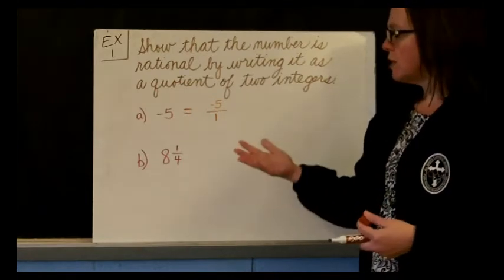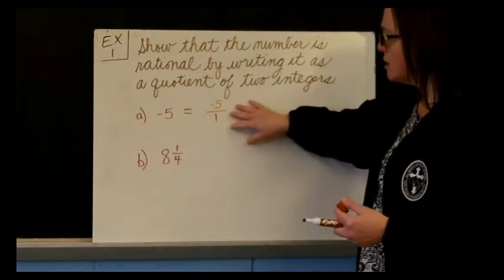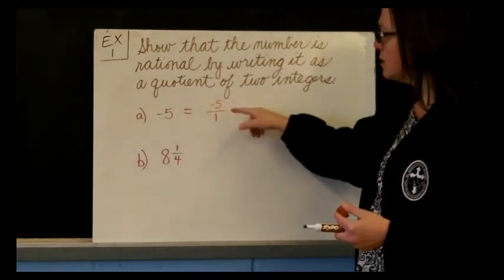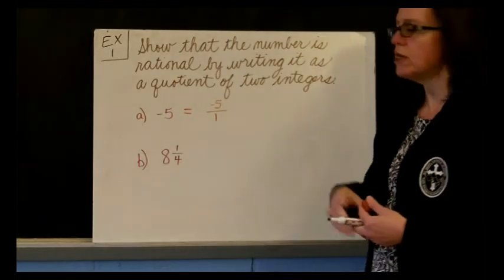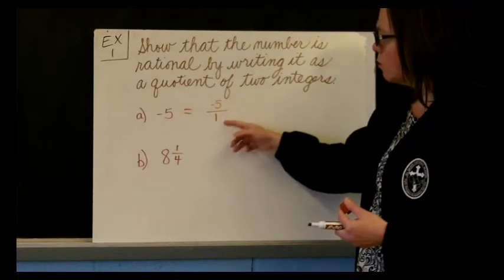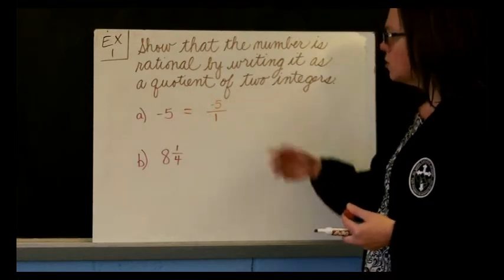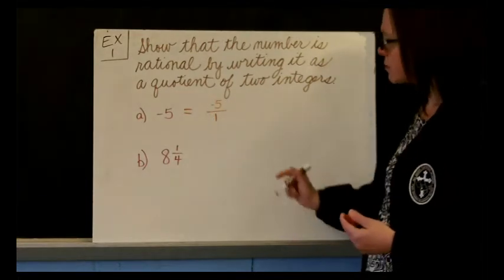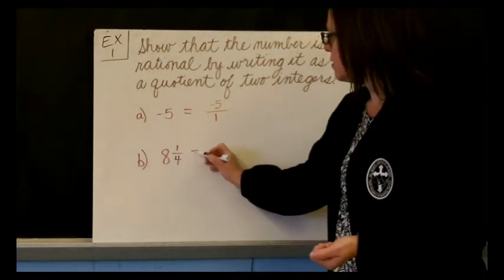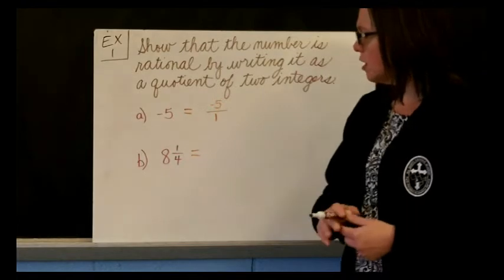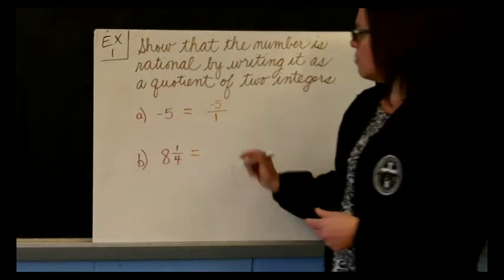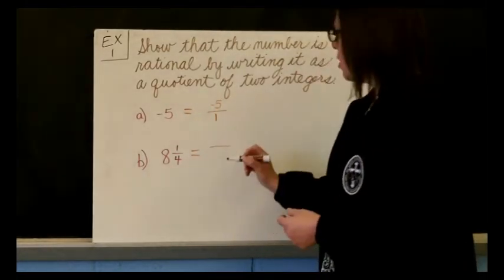And if you wanted to check your answer, you could look at this and say, well, if you ended up with this answer, say, as the solution to an equation, and you had -5/1, you would simplify that to a -5. And then when we have a mixed number, a number with a fraction, what we have to do is turn that into an improper fraction.